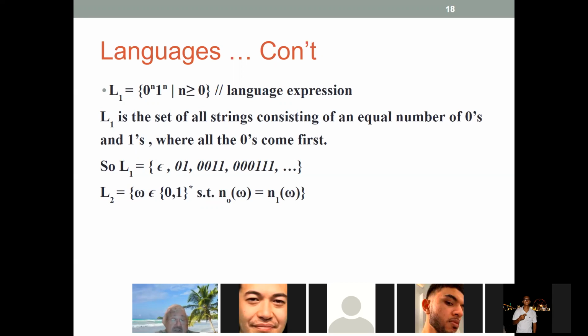So let L2 be this set of strings omega where the characters come from the alphabet 0 and 1, so these are strings from {0,1}*, such that, be careful with this notation, N sub 0 of omega, the number of zeros in each string omega, has to be equal to the number of ones in each of these strings.